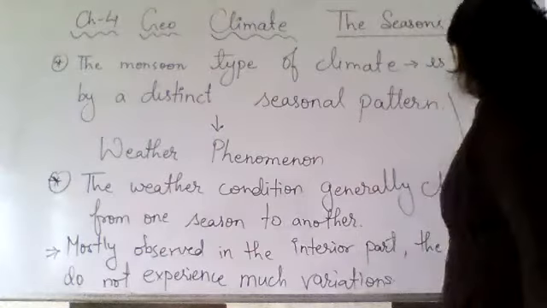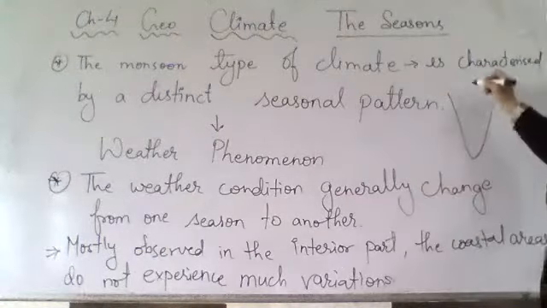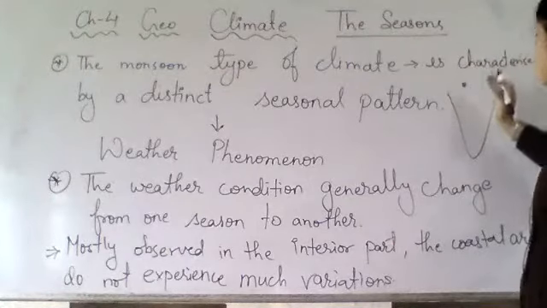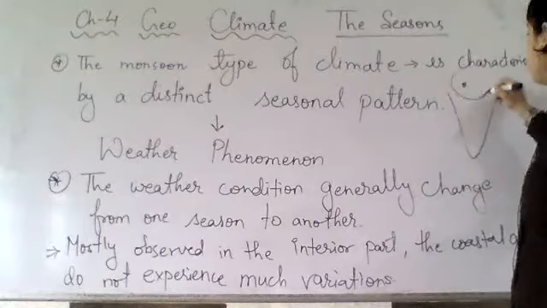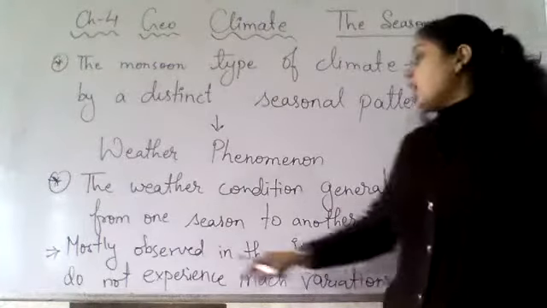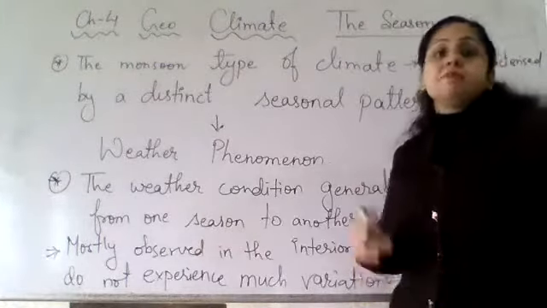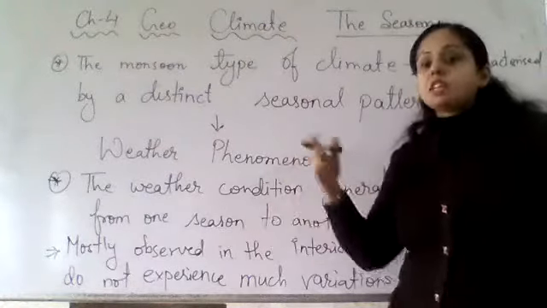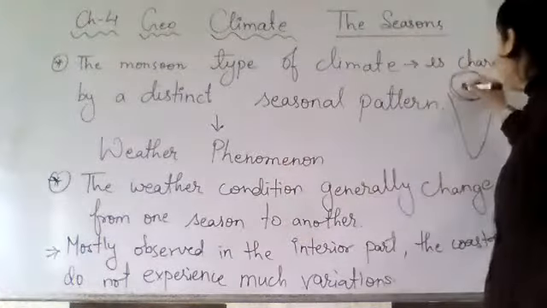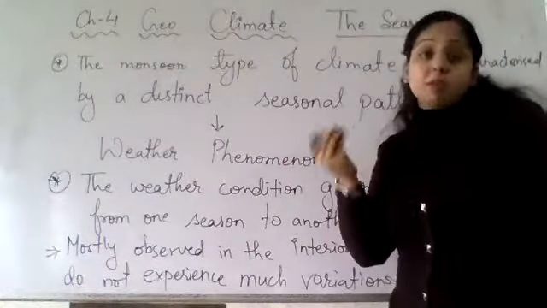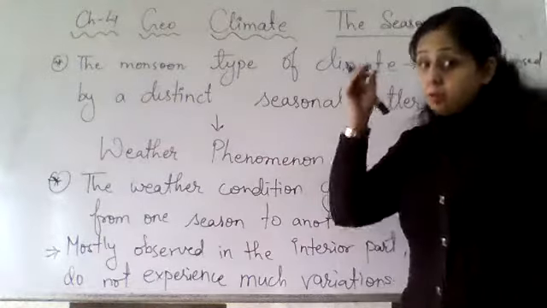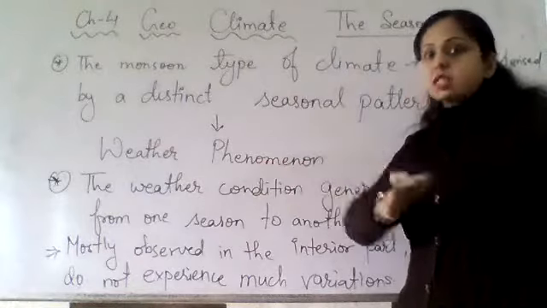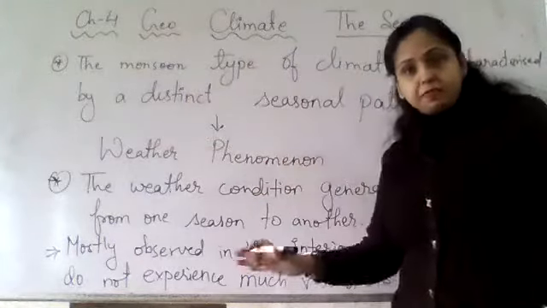That means if we talk about Delhi, the areas which are far from the sea or ocean or water bodies, those interior parts mostly observe these extreme variations in the season. If we talk about Delhi, the winters will be extreme cold and the summers will be extreme hot. That kind of weather phenomena Delhi will see because it is having distance from the sea.